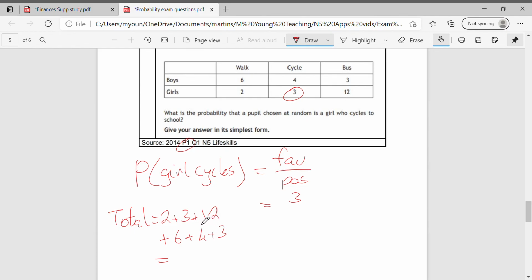That will be, so 2 plus 5 is 7, 17, 23 plus 7, so that's 30. And then it'll be 3 out of 30. Simplify that down, the question even says to do that, so that'll be 1 over 10, dividing both top and bottom by 3 there. And that's our answer for that one.